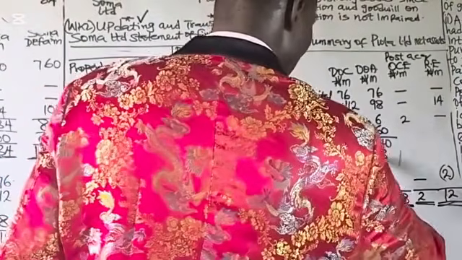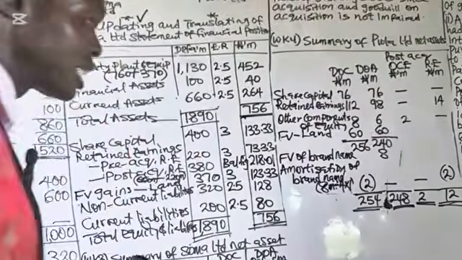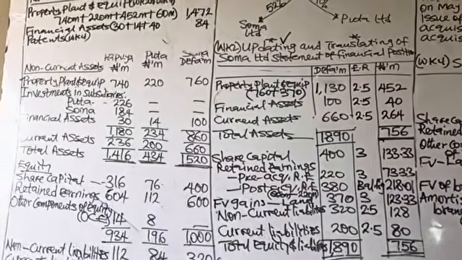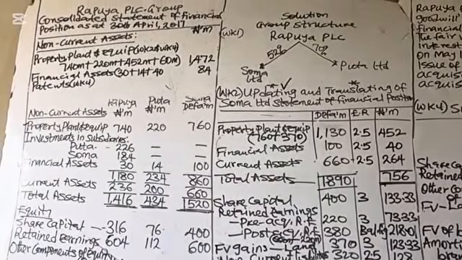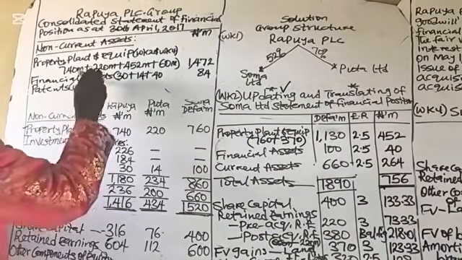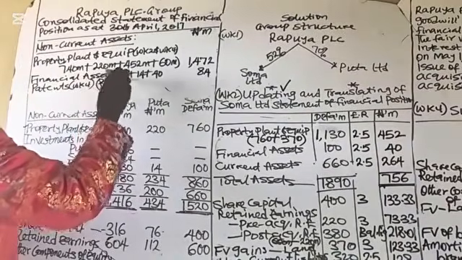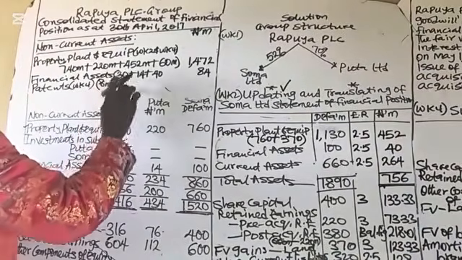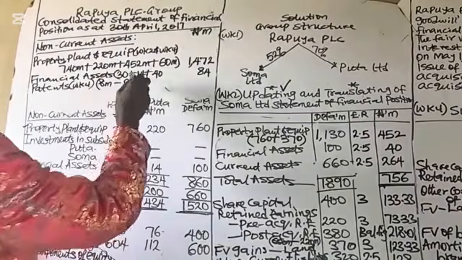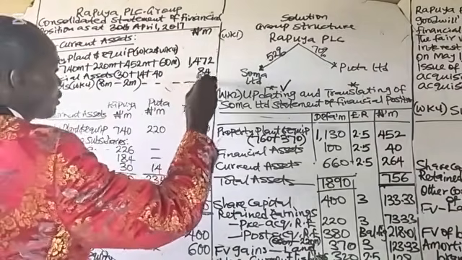So we have 8 minus 2, that will give us 6 million. So we have patent of 6 million naira, which is patent 8 million minus 2 million from working number 4, summary of Puta Limited net asset.